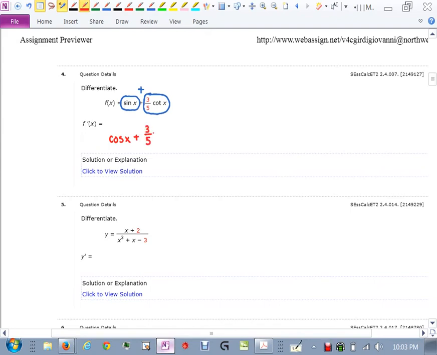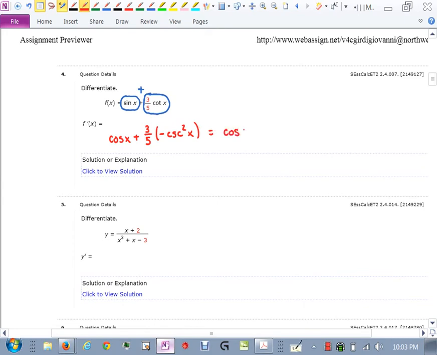And now you need to know what the derivative of cotangent of x is. This is on your formula sheet, but it's also one you want to try and start to remember. It's negative cosecant squared x, the derivative of cotangent x. And that's being multiplied times negative 3/5.